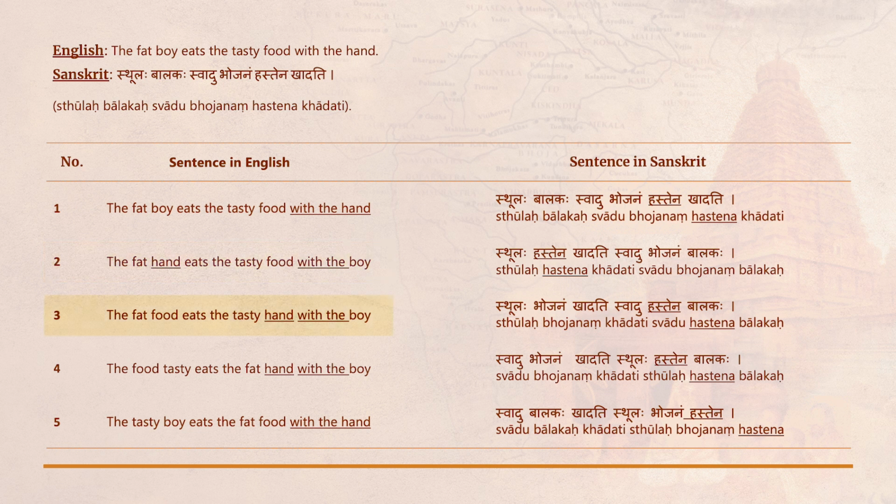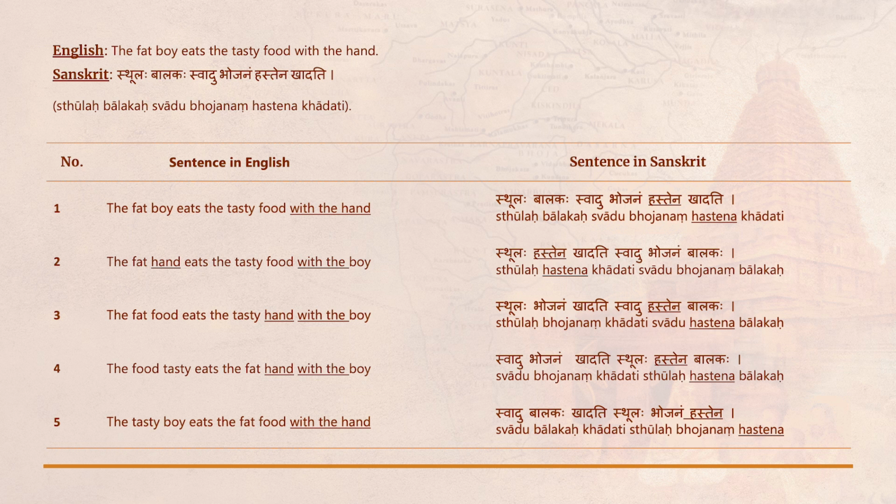The fat food eats the tasty hand with the boy. The food tasty eats the fat hand with the boy. The boy eats the fat food with the hand. So I have simply jumbled the words in many different ways, and you get nonsense, you get funny meanings, you get improbable ideas, and so on.